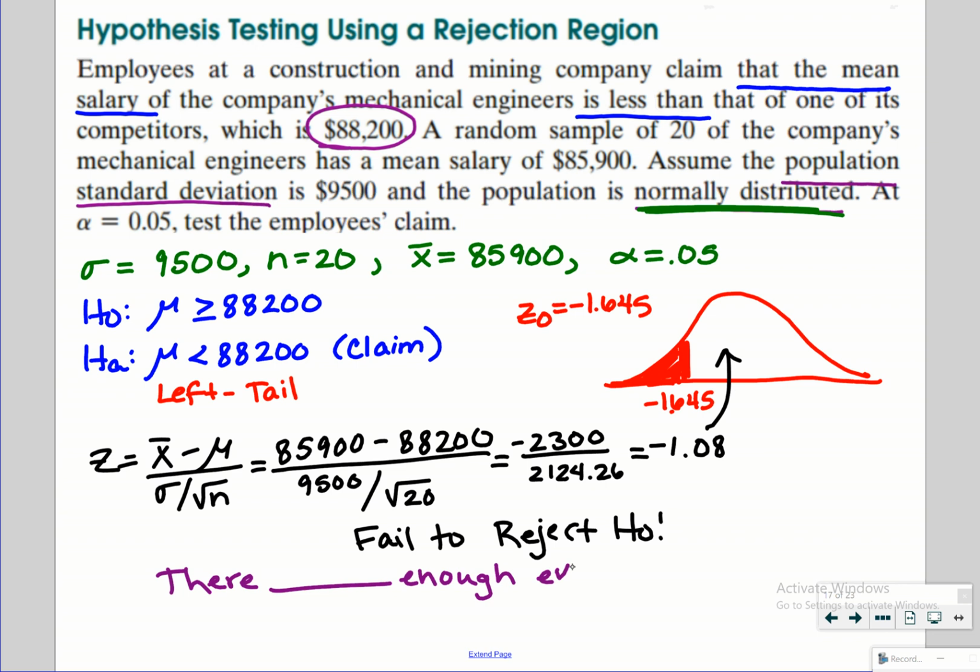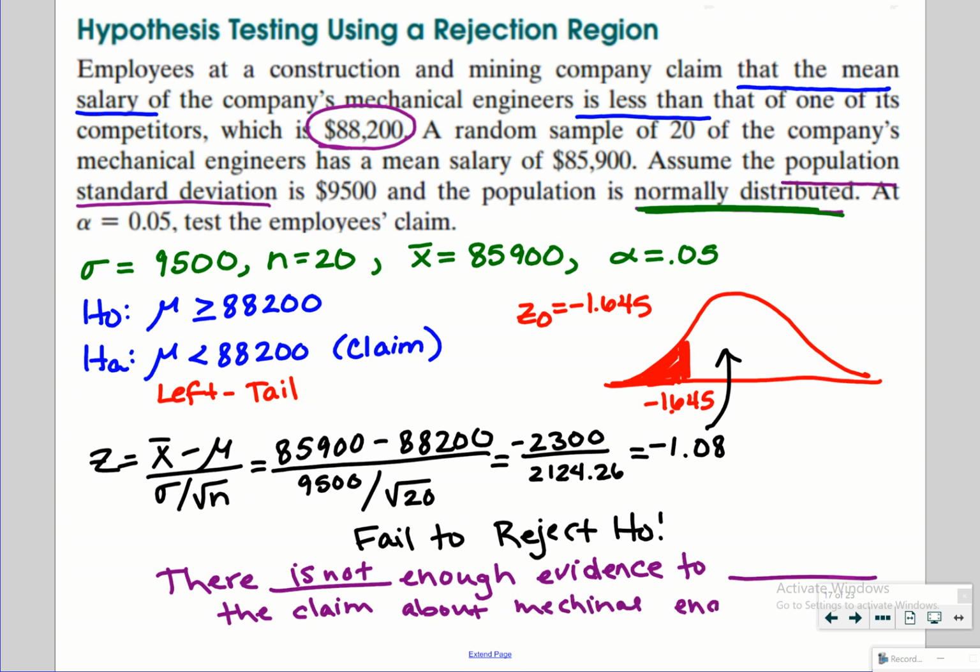So if we don't reject, there is not enough evidence to, and then we either say support or reject the claim. And when you get to the test, it's going to ask you to put the summary in context of the problem. So we are supporting or rejecting the claim about mechanical engineering salaries.